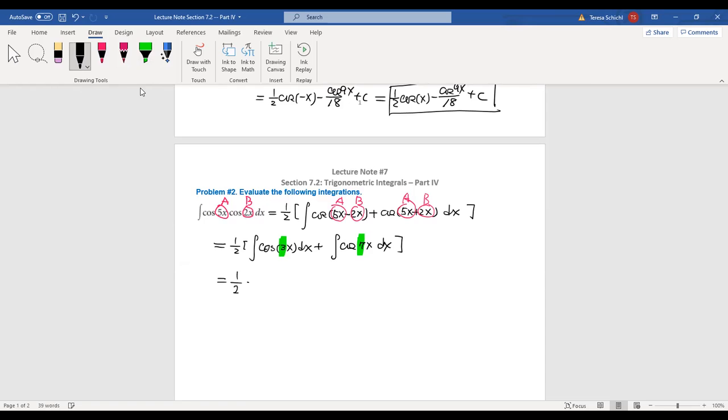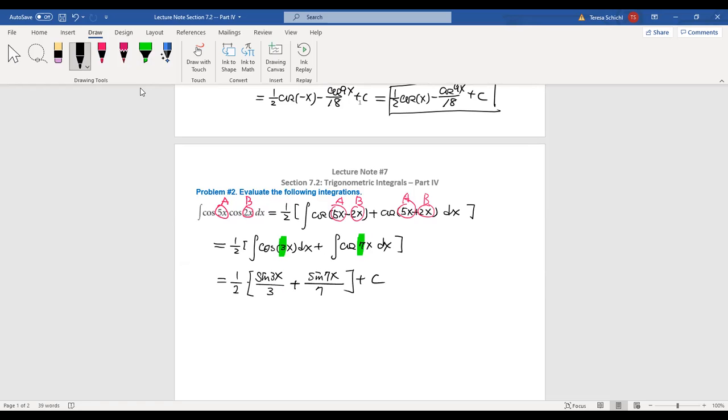So this is 1/2. You put the constant 3 down here. Cosine integration will give you sine 3x. Then plus here, what is here is 7, then this is sine 7x plus c.